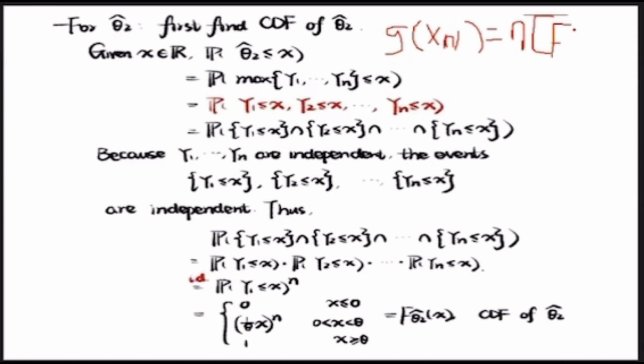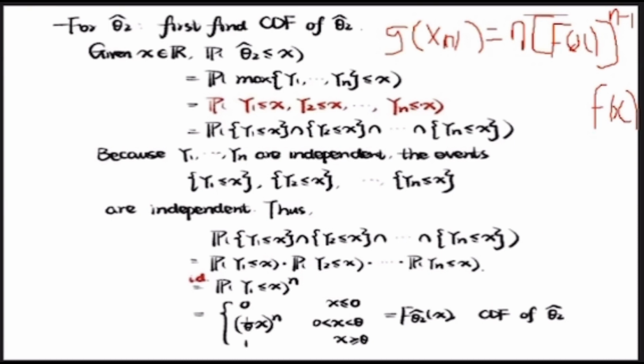The CDF of that, raised to power n minus 1, raised to power sample size minus 1, then everything multiplied by the PDF. So this is the distribution of the maximum. G of x_n equals n, CDF raised to power n minus 1, then multiplied by the f of x.